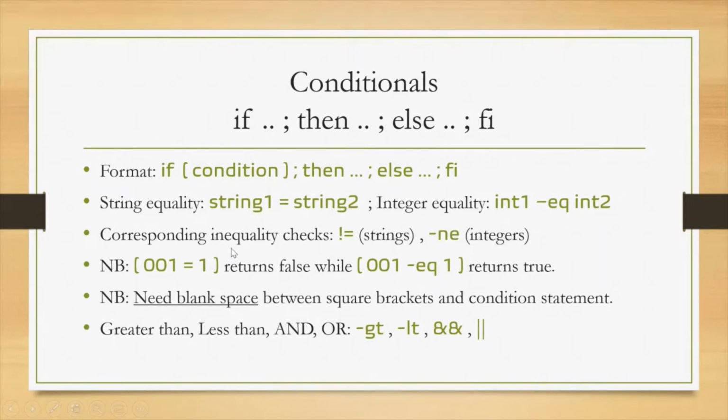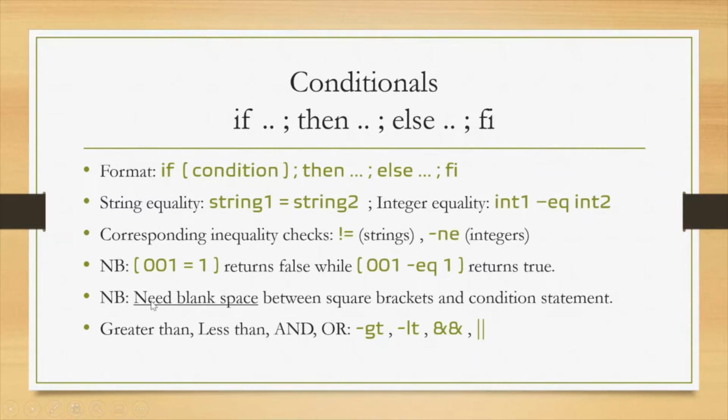And the corresponding inequality checks are exclamation mark equal to and -ne. Note that if you have 001 equal 1, it returns false because it's treating them as strings. On the other hand, if you compare them using -eq, it treats them as integers and so returns true.